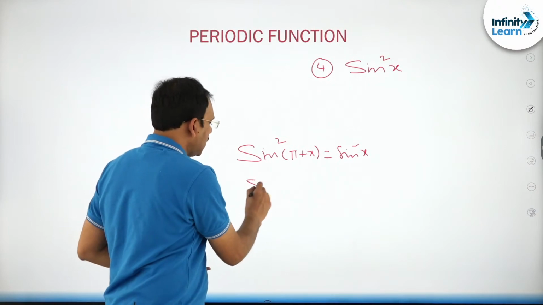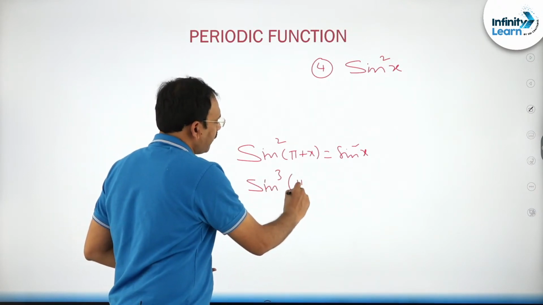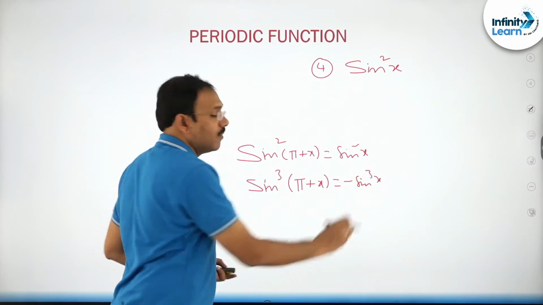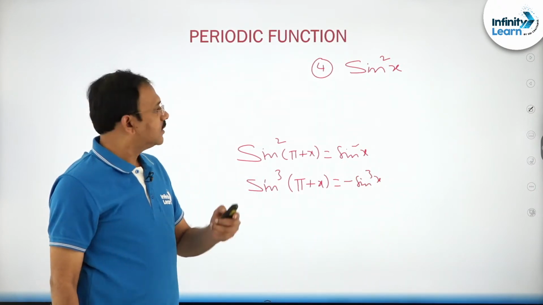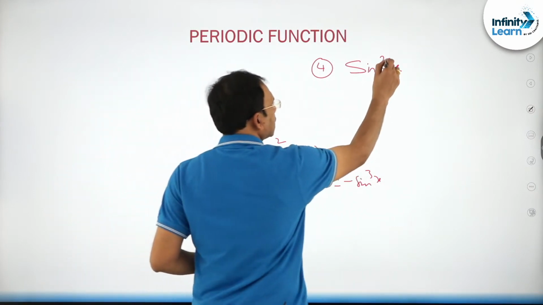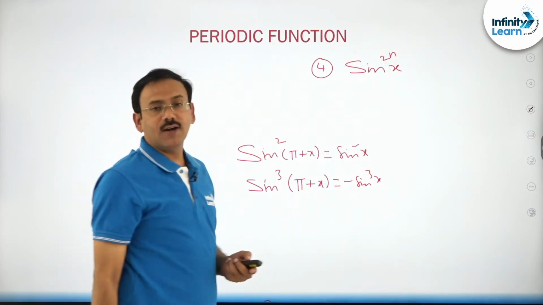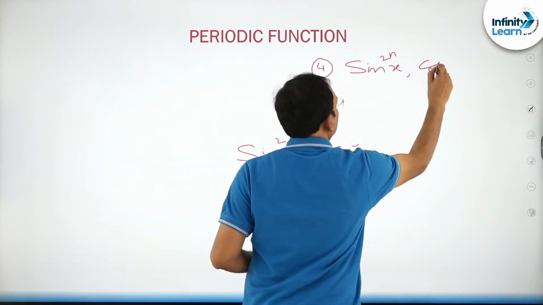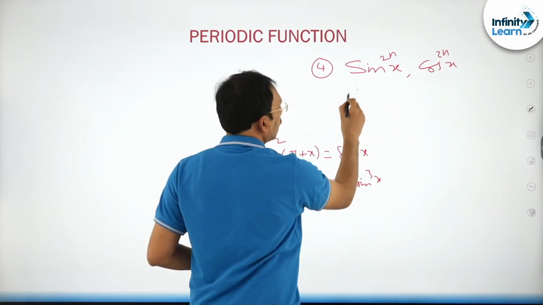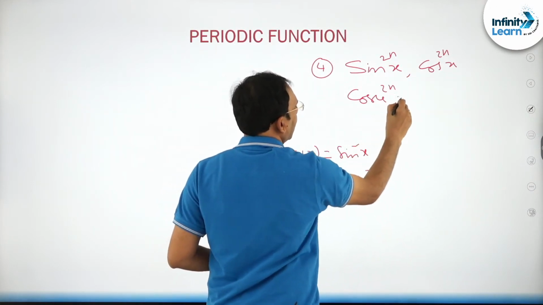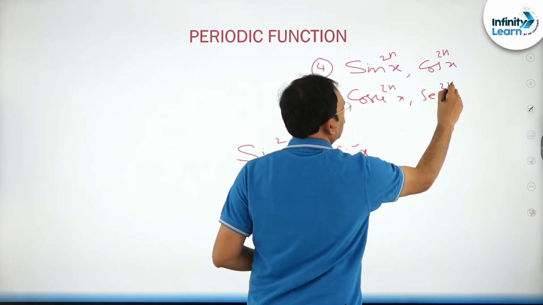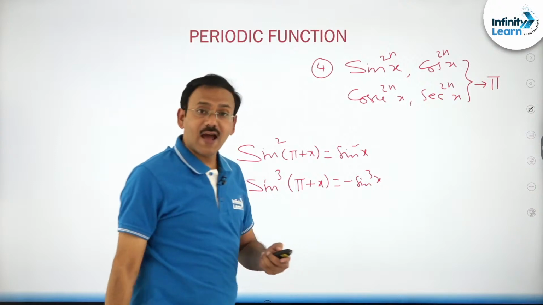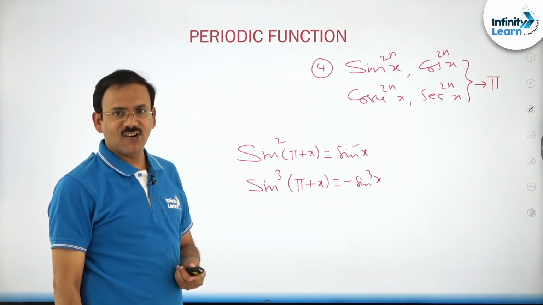But if you take sine cube x, sine cube of pi plus x will be minus sine cube x, but you won't get sine cube x. So friends, in fact sine power 2n x, if you are given an even power, in the same way cos power 2n x, cosecant power 2n x or secant power 2n x will give the period pi itself rather than 2 pi. Okay.